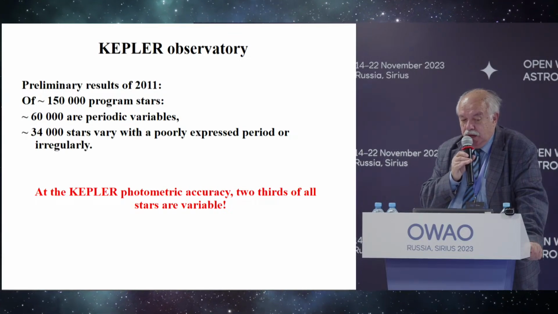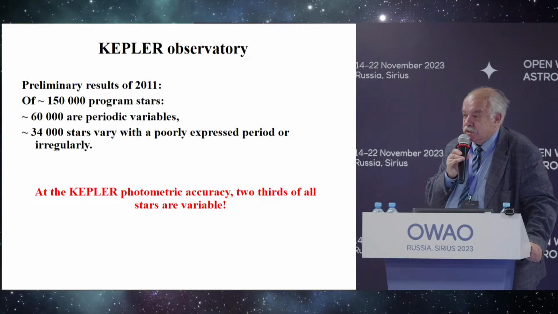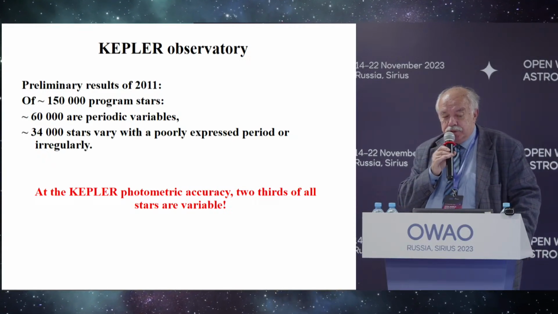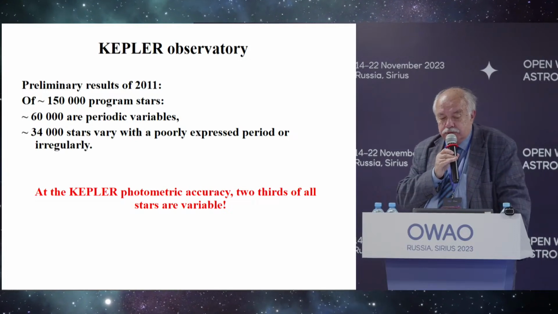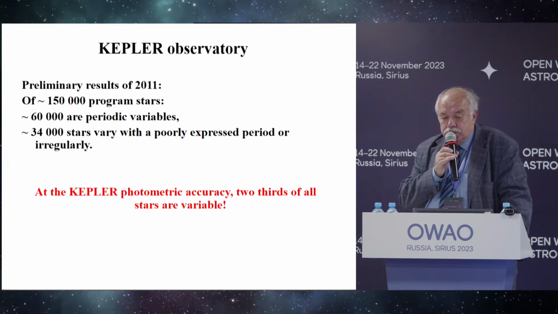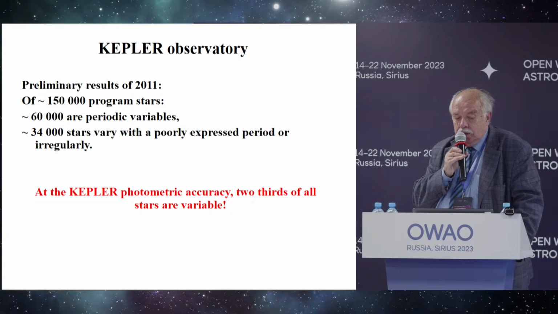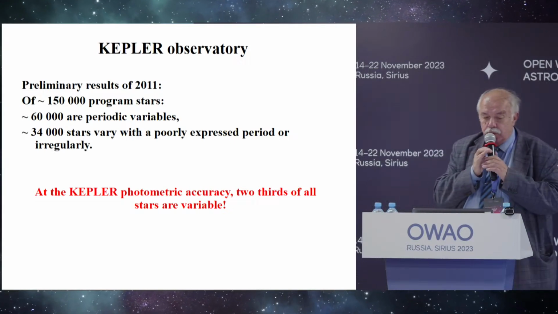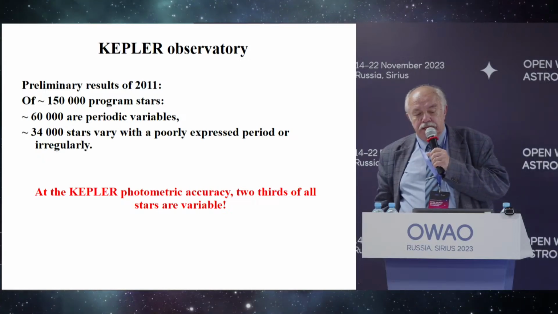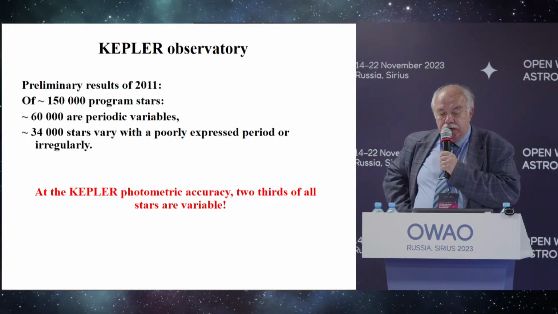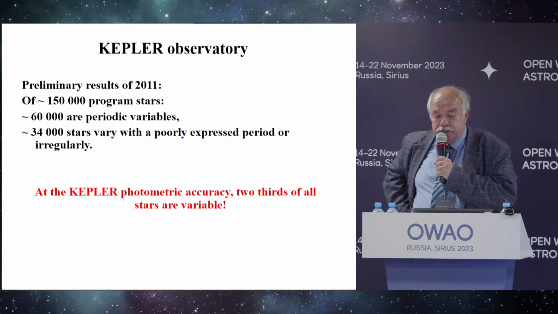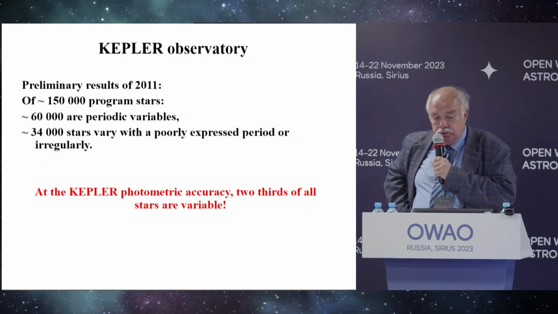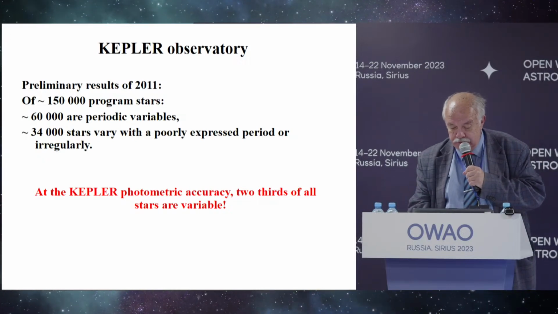Of about 150,000 program stars, 60,000 were periodic variables, and 34,000 stars varied with a poorly expressed period or irregularly. That is, with their photometric accuracy, two-thirds of all stars were variable.